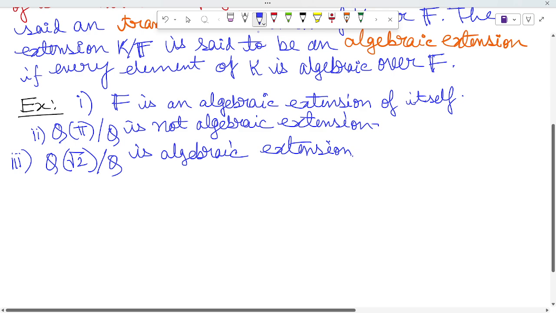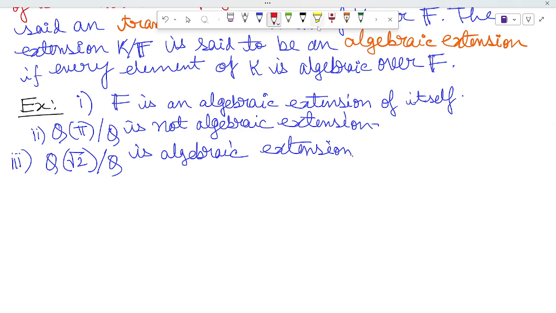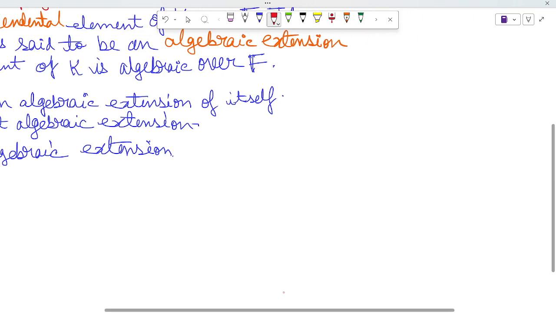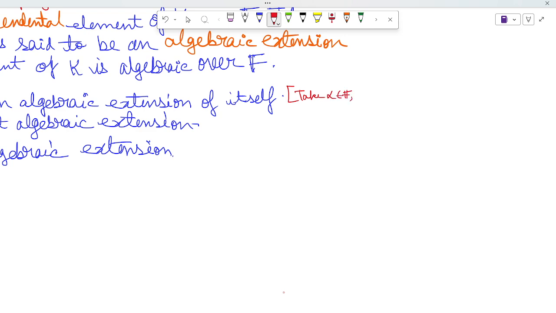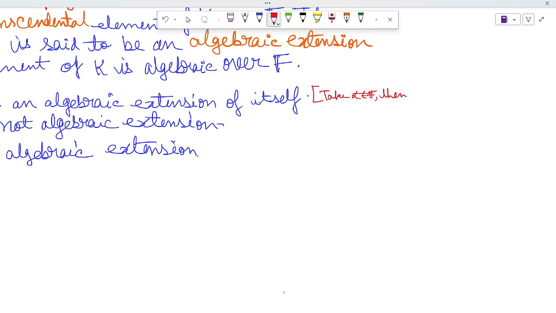Why? Okay, let me verify first. So, why is it algebraic over itself? Take alpha belongs to F, then it satisfies x minus alpha equal to 0.